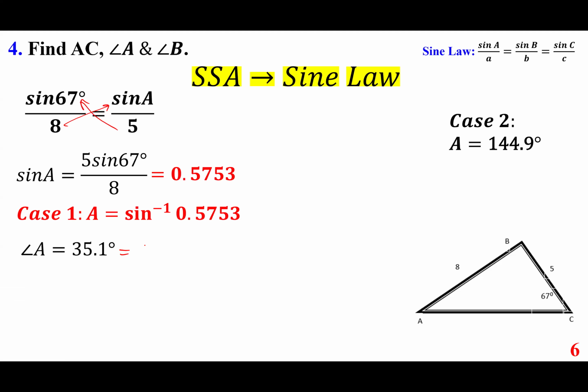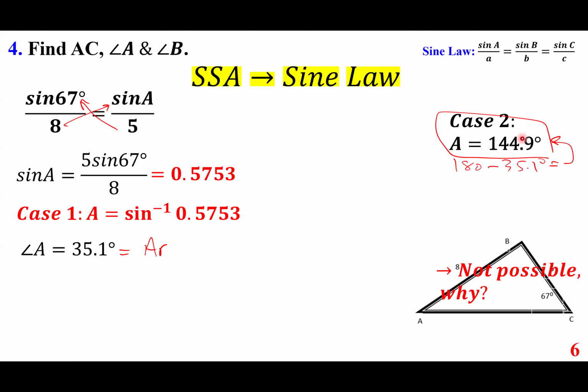You can think of it as the reference arc. So this one would be 180 minus 35.1. So there are two possibilities. We could have angle A as 35.1 degrees or 144.9 degrees, but it's impossible.